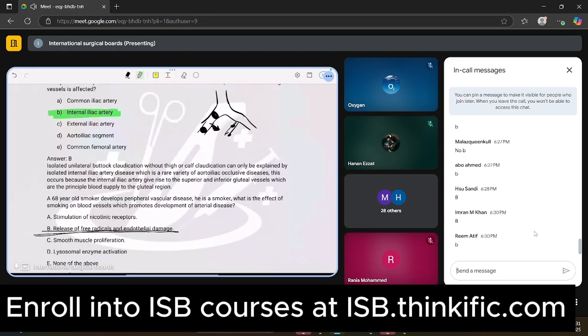Now, the radiotherapy situation. First question, simple question: how does radiotherapy work? What's the mechanism of action of radiotherapy, if you get asked that question?